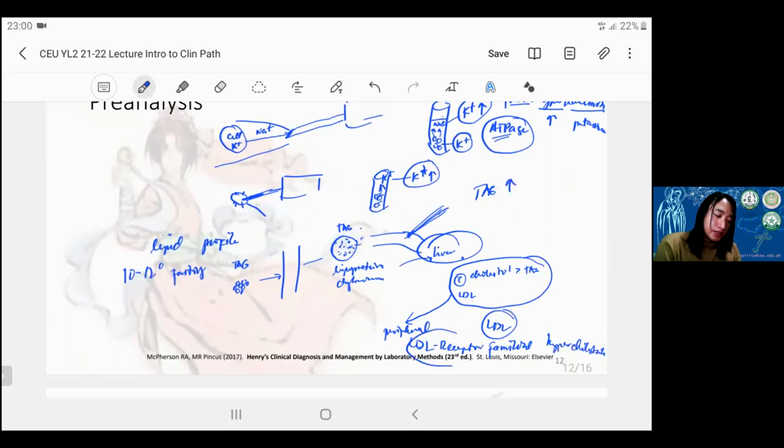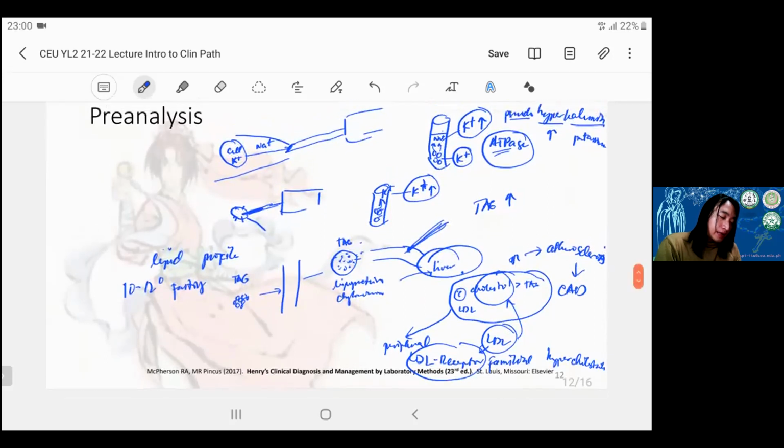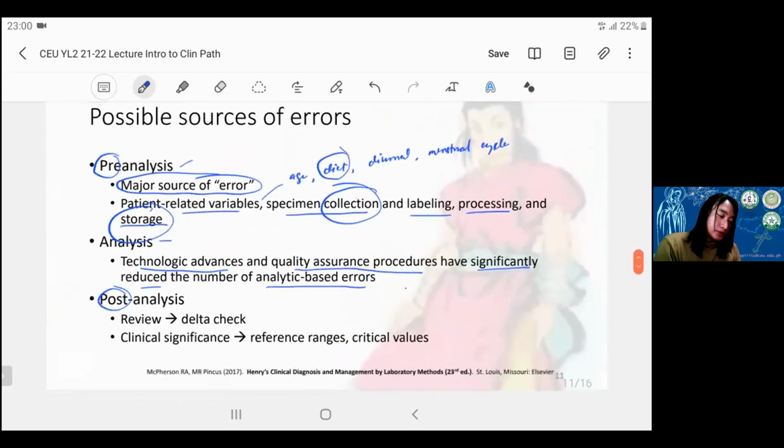Because of the mutation of LDL receptors, your LDL won't be able to transport cholesterol, increasing the level of your cholesterol. And because cholesterol is a risk factor in the development of atherosclerosis and subsequently your coronary artery disease. So that's how your fasting or metabolism would affect your analysis. So again, that would be a possible source of error.